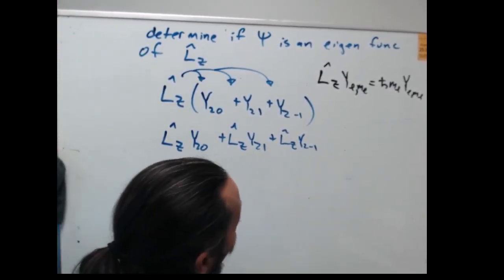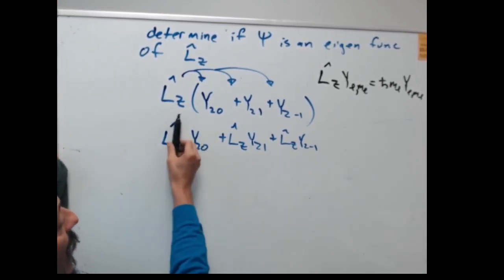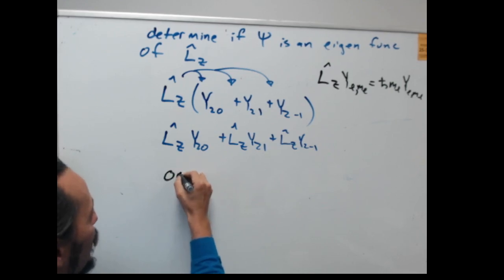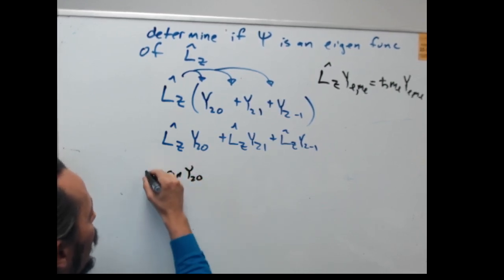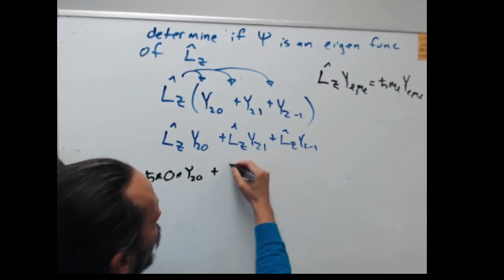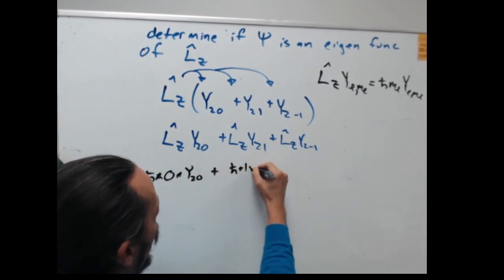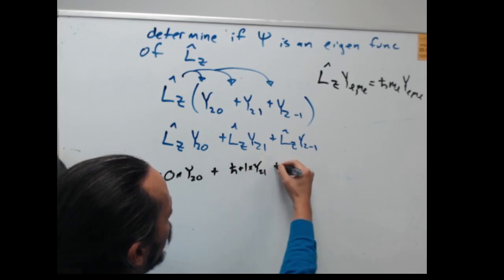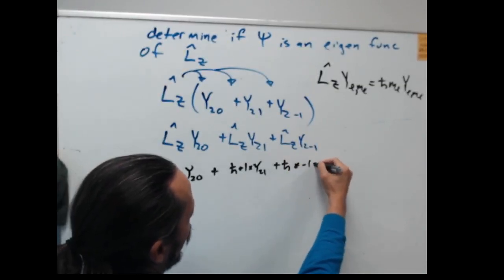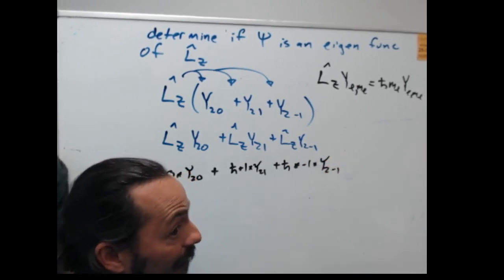Well, I can already tell this is going to mess things up, because what's m sub L for this function? I'm going to have 0 times y20, technically h bar times 0 of y20, plus h bar times 1 of y21, plus h bar times negative 1 of y2 minus 1.